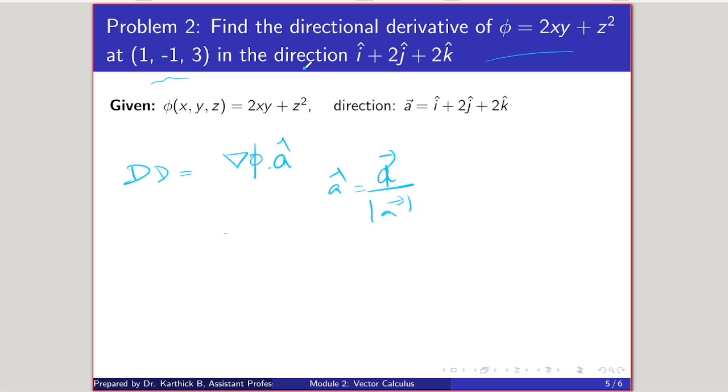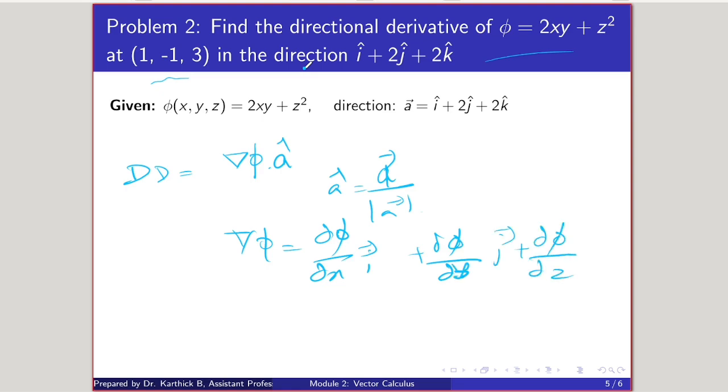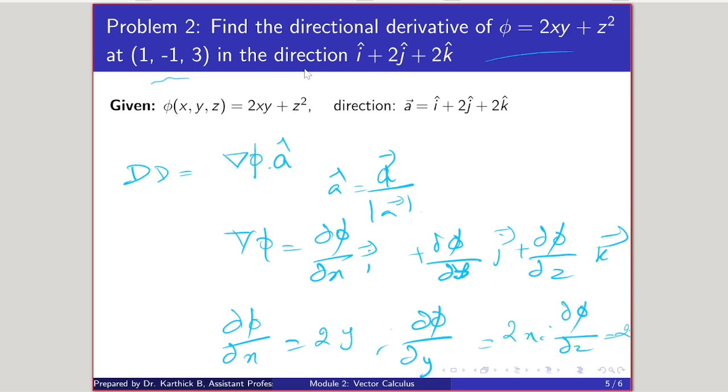First we will find gradient phi: dou phi by dou x i vector plus dou phi by dou y j vector plus dou phi by dou z k vector. If I find dou phi by dou x, it will be 2y; dou phi by dou y will be 2x; and dou phi by dou z will be 2z.